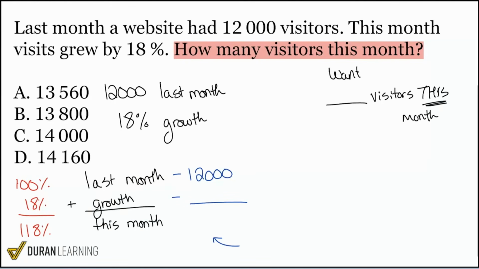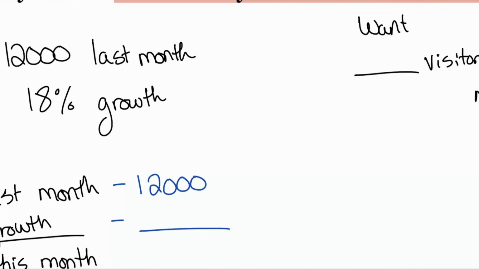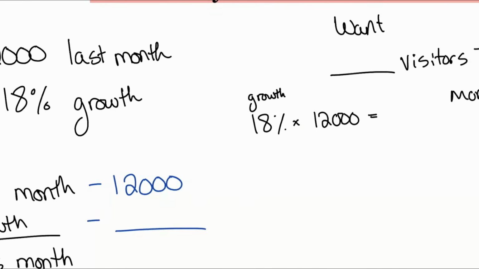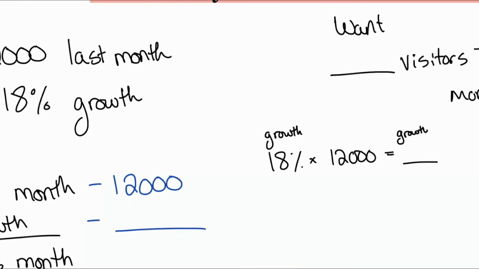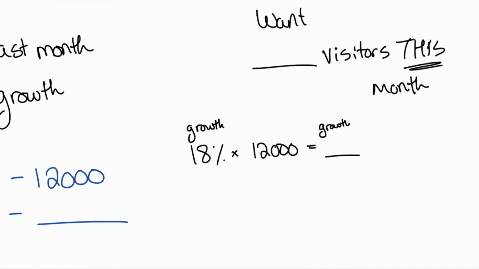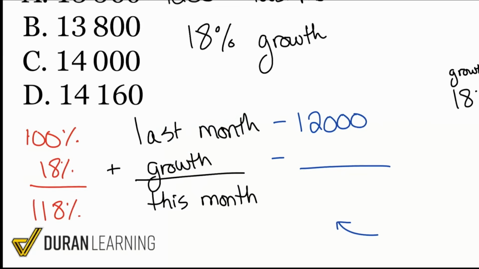So watch how I'm going to do that, everybody. To make my life a little easier, I'm going to do the 18%, which is the growth, times the 12,000 visitors last month. That's going to give me a result that represents the growth. Let me move that over so you don't get it confused with what's above. That's the strategy I'm going to prefer so that I don't deal with a 3-digit multiplication.